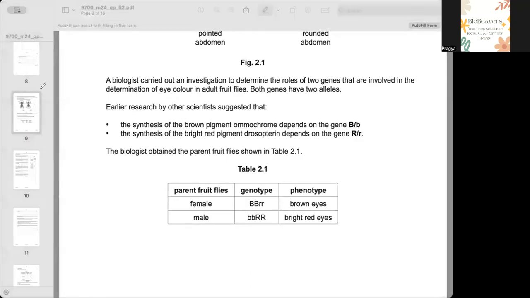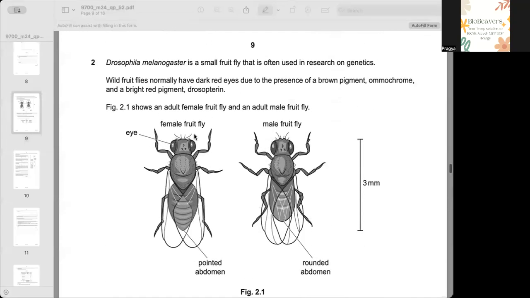So we start with the biologist carried out the investigation. Drosophila melanogaster is a small fruit fly, and wild fruit flies normally have dark red eyes. Since they're talking about the color of the eyes, we know this question might relate to genetics. We underline all the important parts.